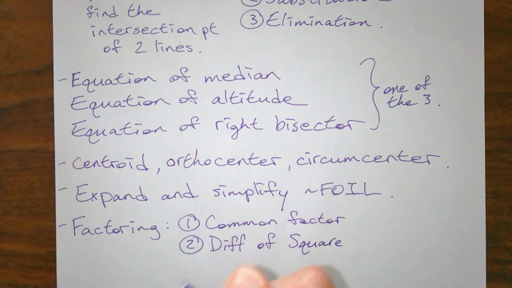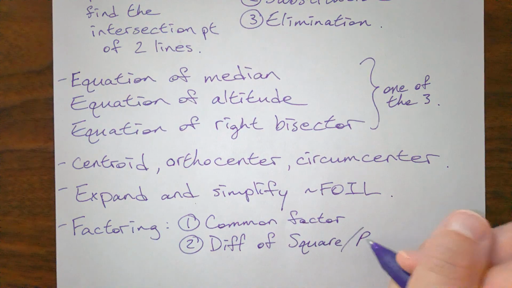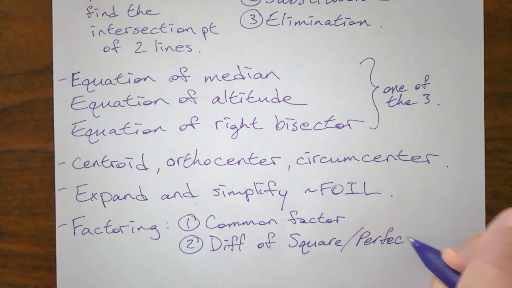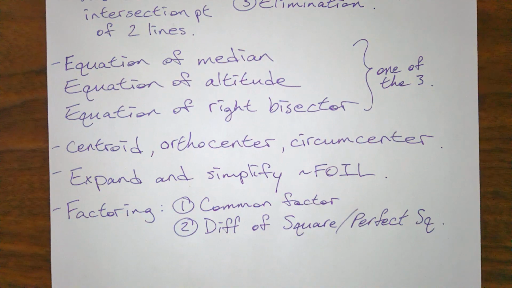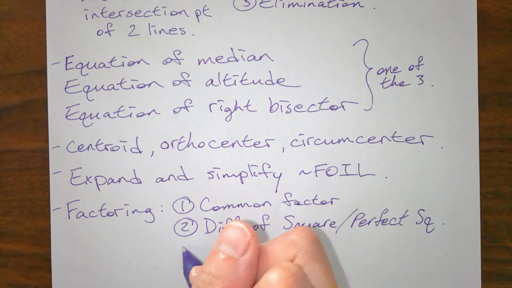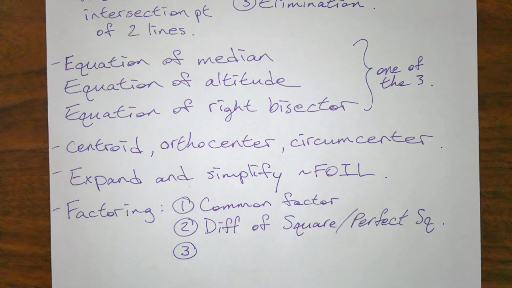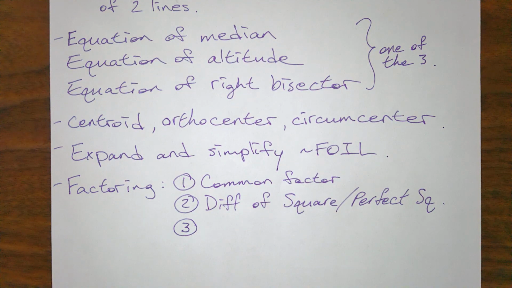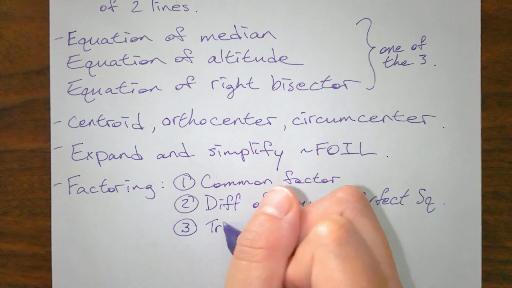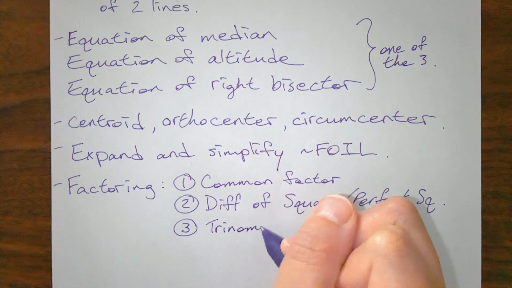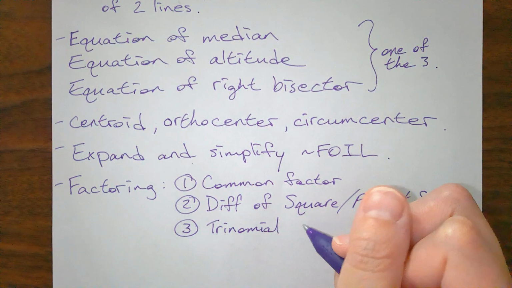Perfect square. It's not the same thing. It's kind of very similar. Depends on the middle term, right? Trinomial factoring, yeah. Trinomial factoring when a is 1 or when a is not 1.